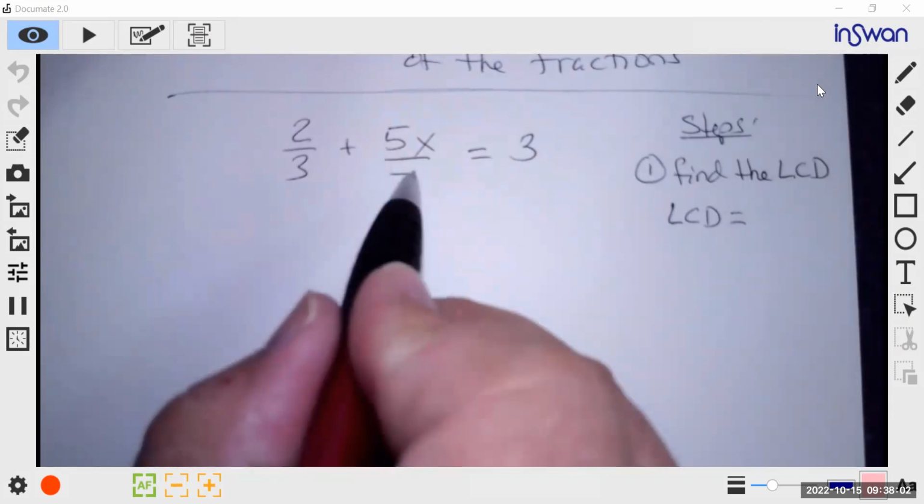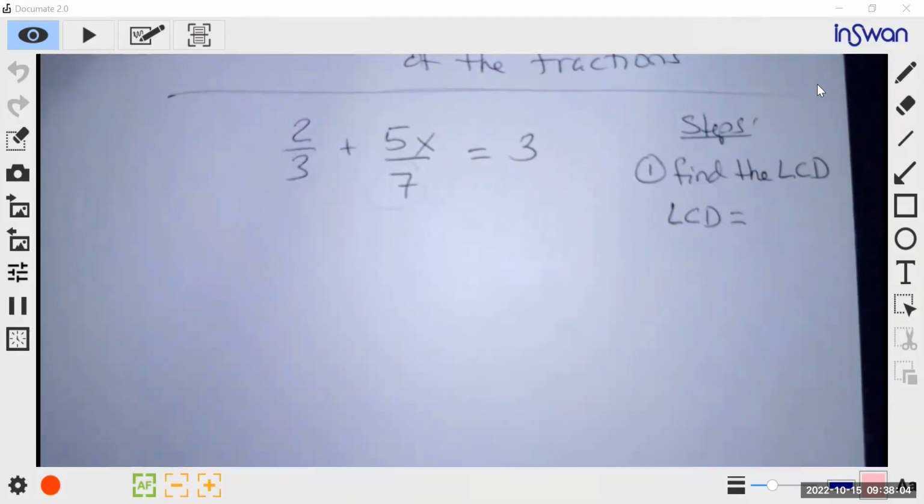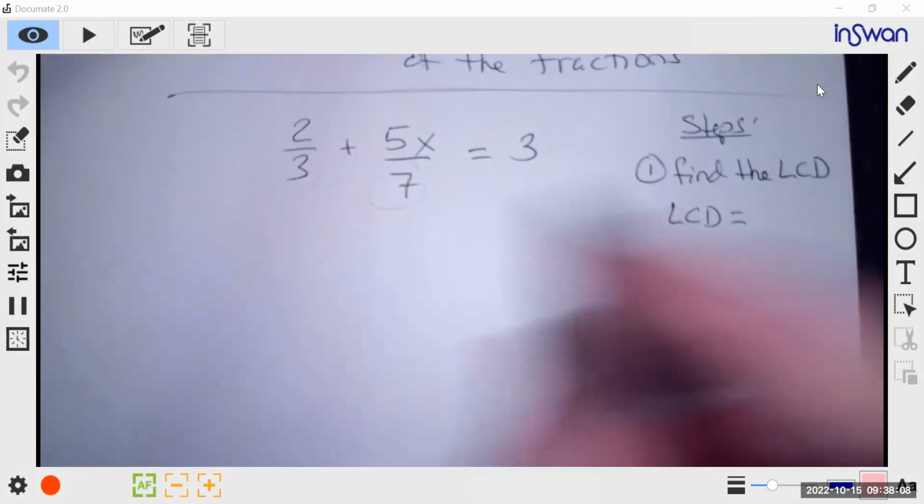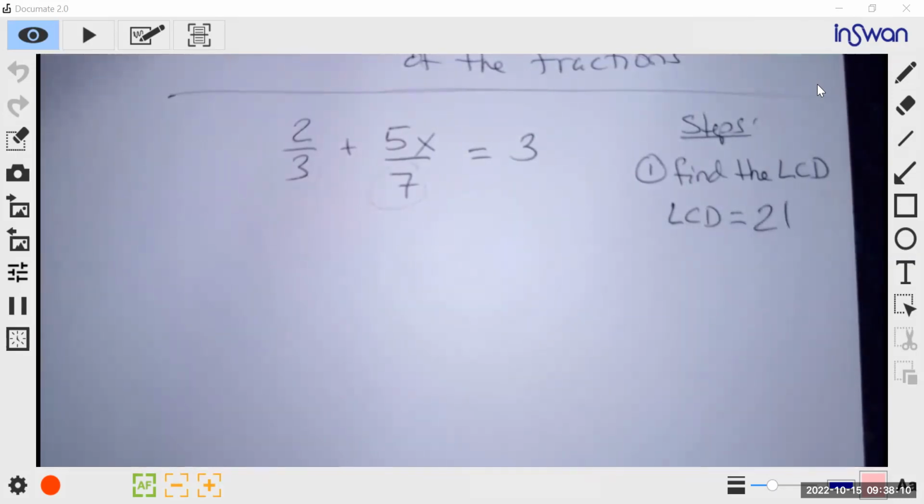If you can't see it, our denominators are 7 and 3. If you can't see it off the bat, just multiply them together. 7 times 3 is 21. Don't spend too much time trying to figure out what the LCD is. If you don't see it automatically, just multiply your denominators together.